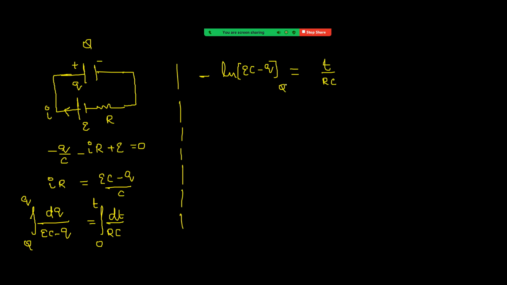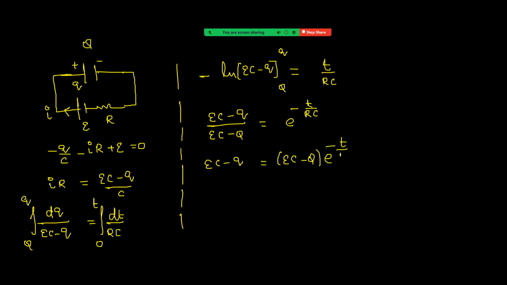Now take limits Q to Q. So it becomes now epsilon C minus Q upon epsilon C minus capital Q, that is equal to e power minus t by RC. Now simplify this. Epsilon C minus Q is equal to epsilon C minus Q into e power minus t by RC.